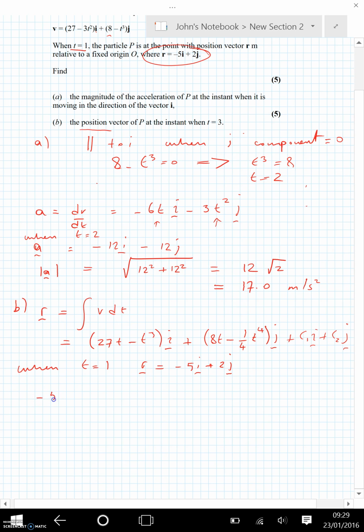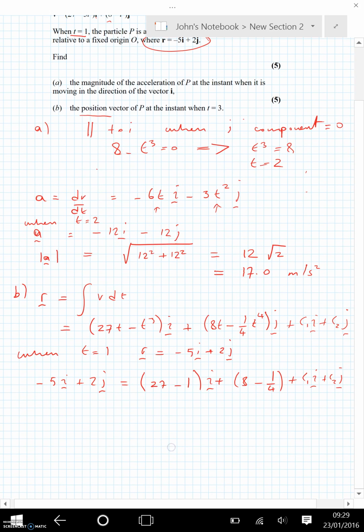So we've got minus 5i plus 2j equals, and we can sub 1 into these. Subbing 1 in is quite nice and easy. I think we can just do that without too much problem: 8 minus a quarter plus c1 i plus c2 j.